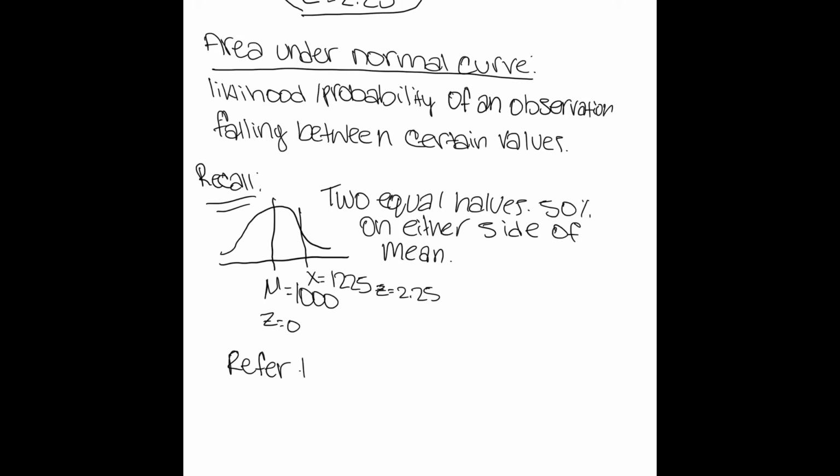Okay, so then we want to make sure that we are referring to our z-score table. If you're taking a statistics class right now, you can often find that at the back of your textbook to refer to if you want to follow along here while we find this area.